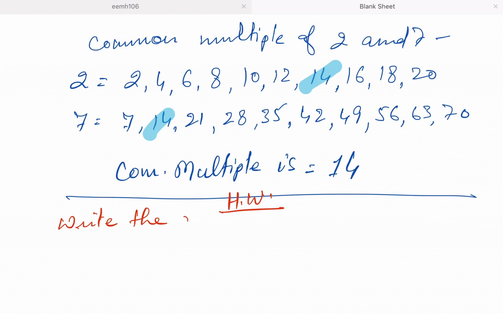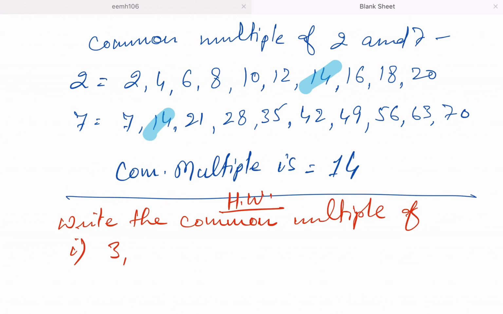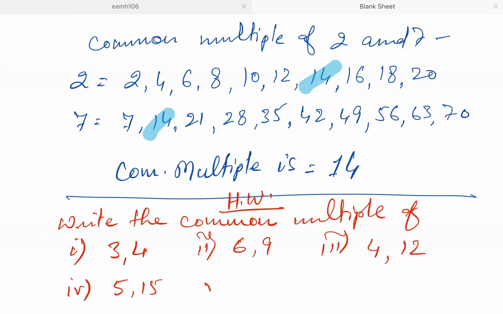Write the common multiple of first, 3 and 4; second, 6 and 9; third, 4 and 12; fourth, 5 and 15; and fifth one is 3 and 6.